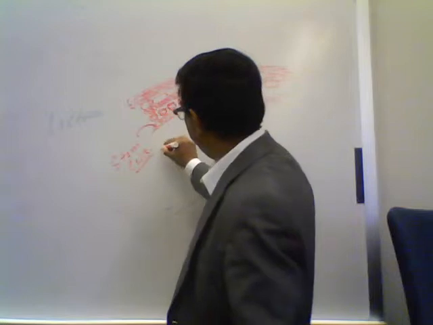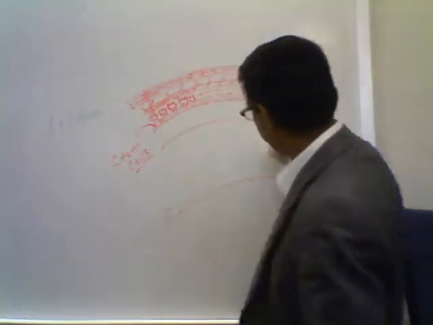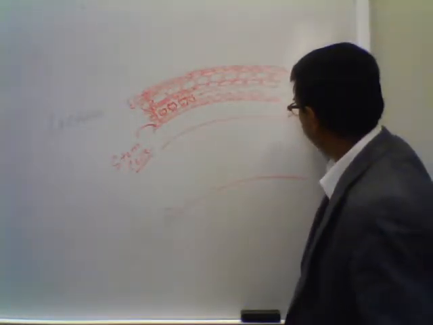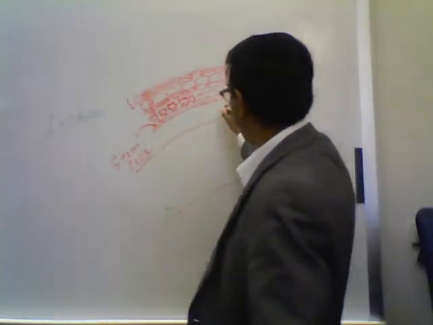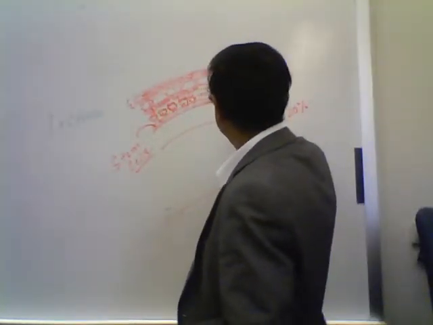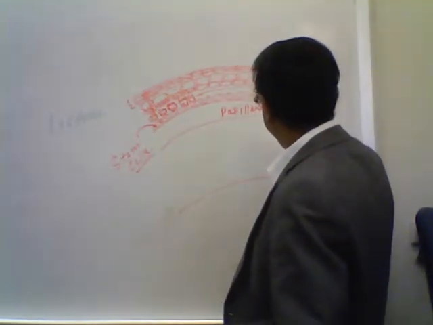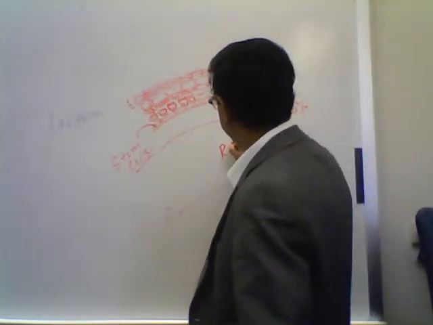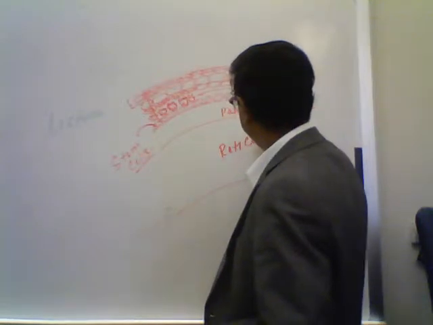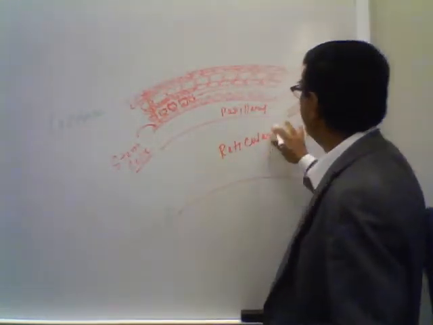So now, if I see 2 layers of the dermis, 20% thickness is given by the papillary layer and 80% thickness is given by reticular layer. Okay.